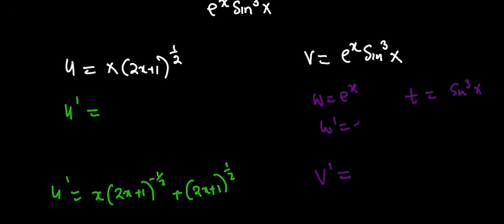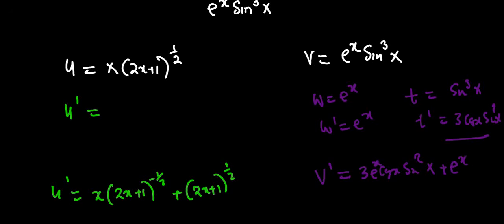So omega prime is just e^x. This one here will give us t prime: bring down the power, and this is going to be cos, then sine squared. So this times that, that's 3e^x cos 3x sine 3x, then plus what we have here.